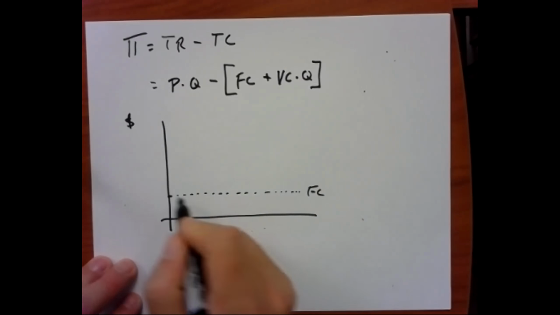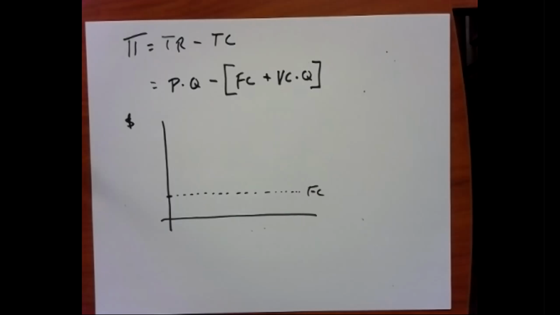But what that tells you is that fixed cost amount is your y-intercept. That's the point at which the total cost line crosses the y-axis. So that's your mx plus b. B is the y-intercept, and then the mx part is the variable cost portion.